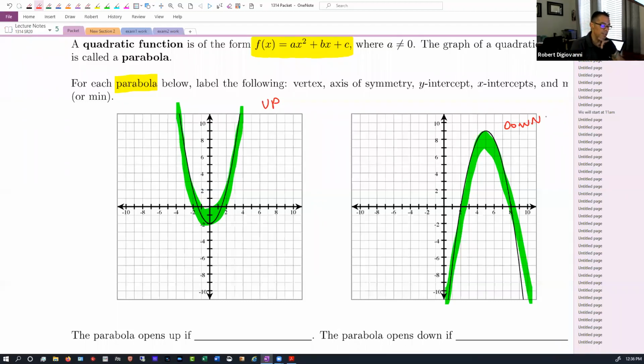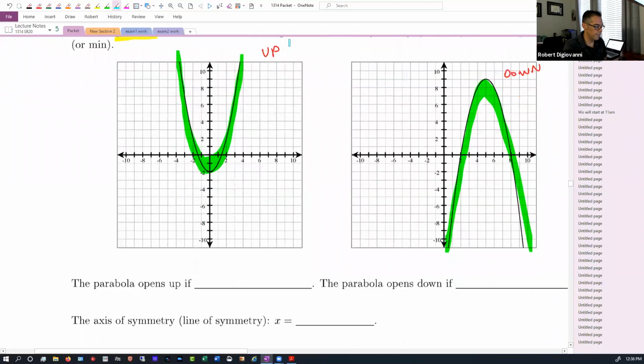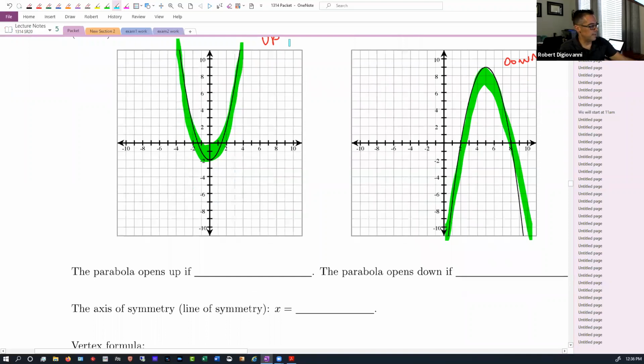Now, there's an easy way to determine whether or not it's going to open up or down. All you have to do is look at what A is, the number in front. That number A will tell you if it opens up or down. So I'm going to put underneath here, the parabola will open up if A is a positive number greater than 0, and the parabola opens down if A is a negative number.